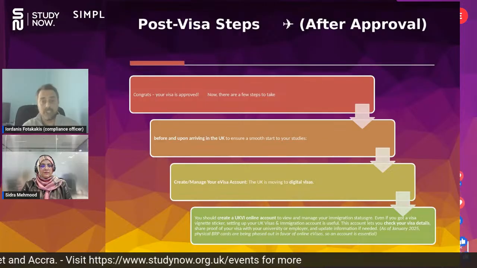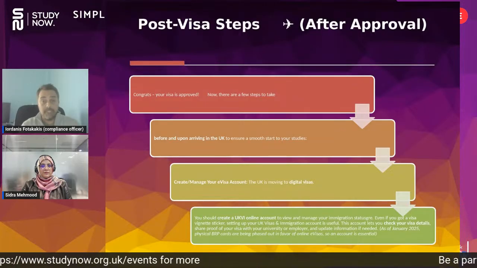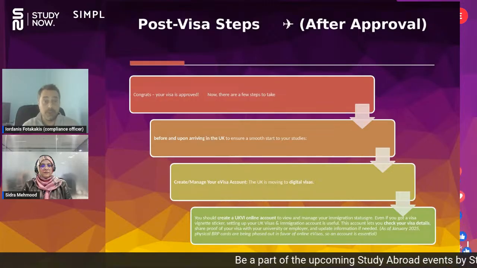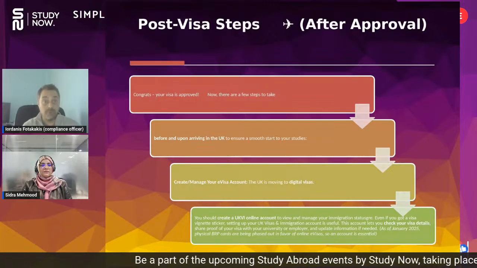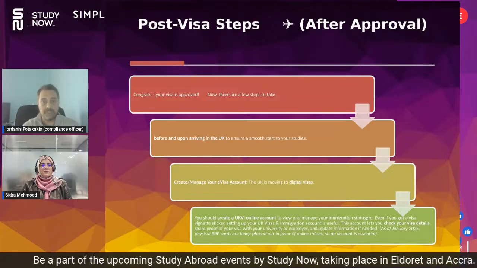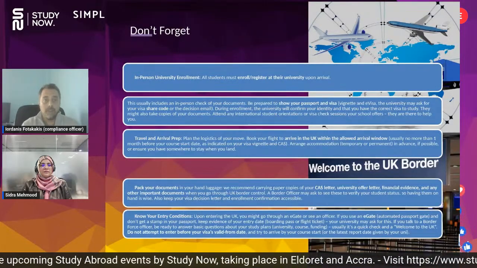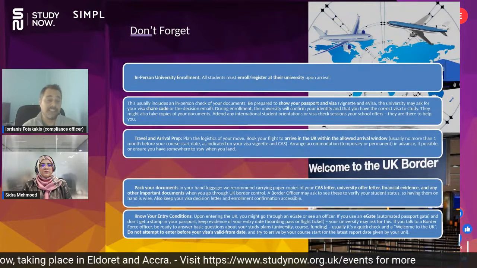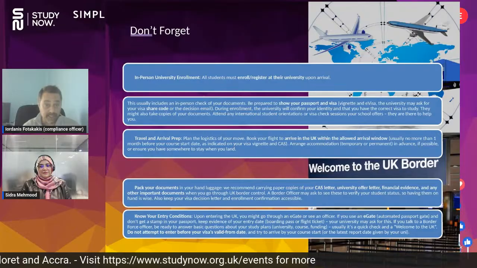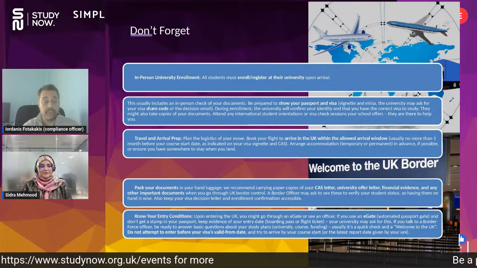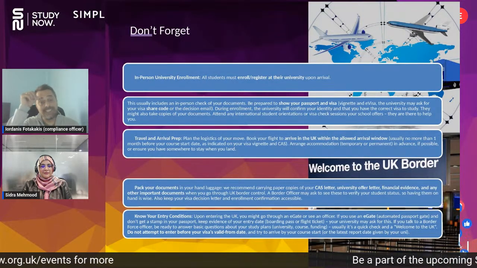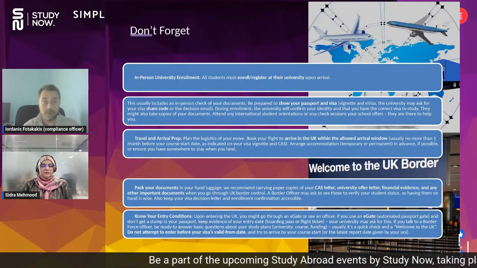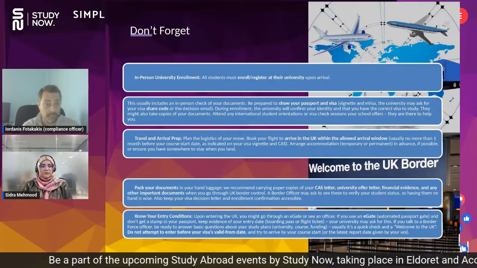And as well, upon arrival to UK, please, within the first week, go and register with the university. You must go physically and register with your university. Don't forget, as I said before, all students must enroll, otherwise not your visa, but your CAS may drop out, and that will cause you big troubles in the UK.